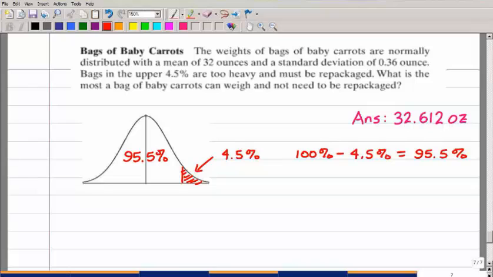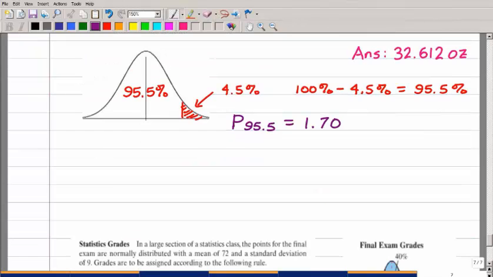It's in the 1.7 row, the 0.0 column, so we're going to go with a z of 1.70, which I'll write this. So basically we've done this. P of essentially 95.5 boils down to 1.70, or just 1.7.